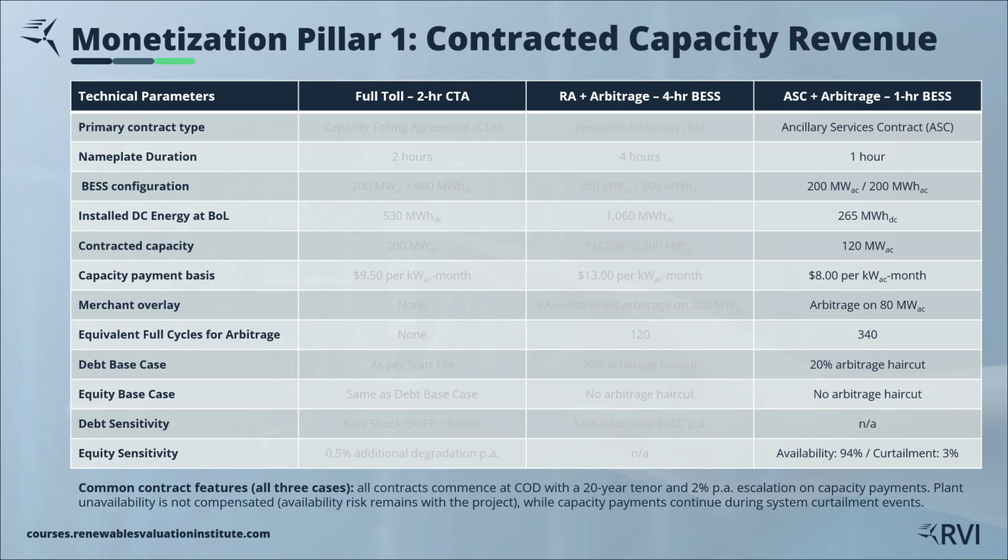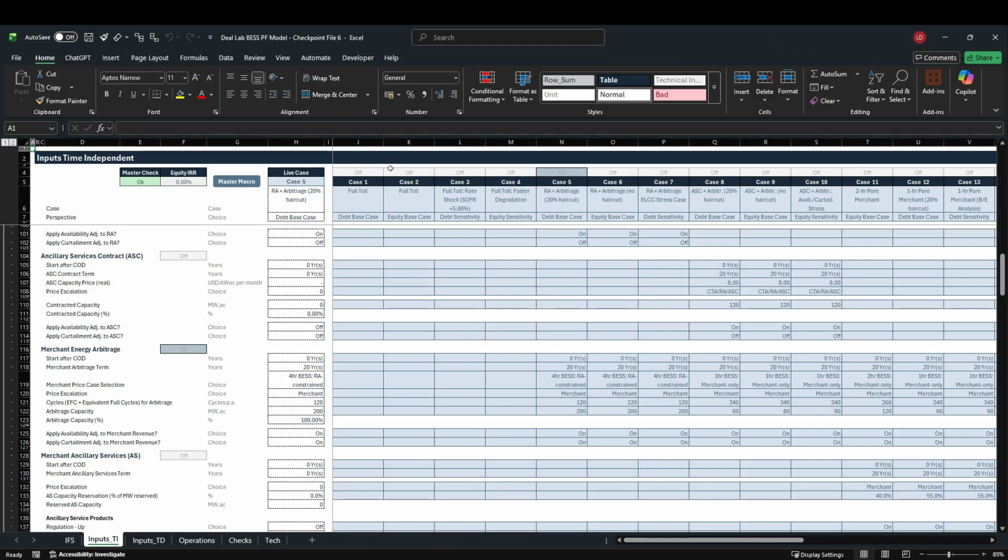And just like in the previous case, we are applying a 20% haircut on merchant arbitrage revenues in the debt-based case. Everything shown here flows directly into the input sheet of the model we are working with. Now back to our model checkpoint file from the previous lesson. We are on the inputs time independent sheet, and for case 8 you will see the same inputs reflected here.